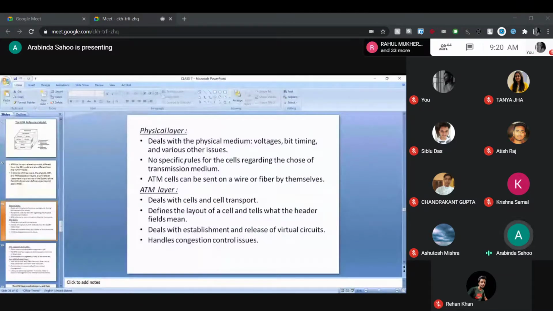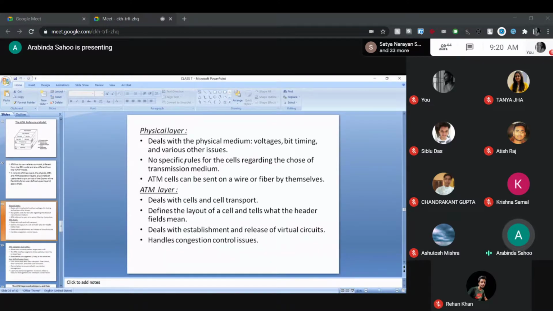Whenever you deal with the physical medium, whether it is in the form of optical fiber or coaxial cable, it is in the form of wire.